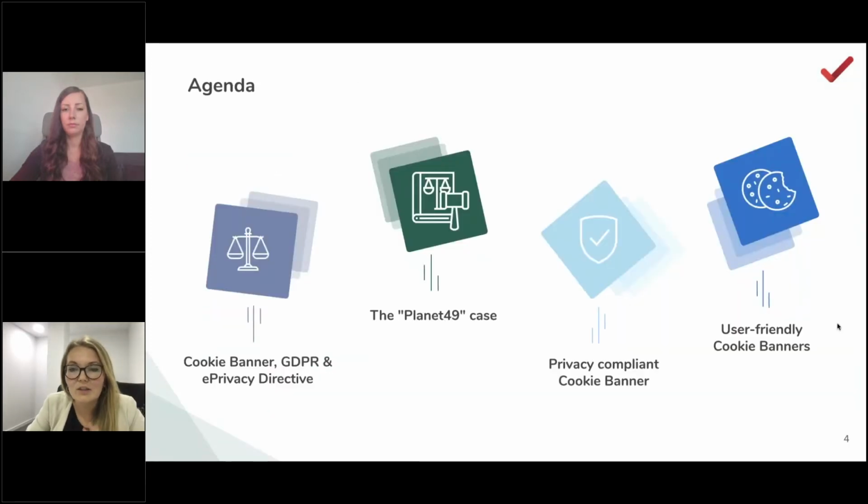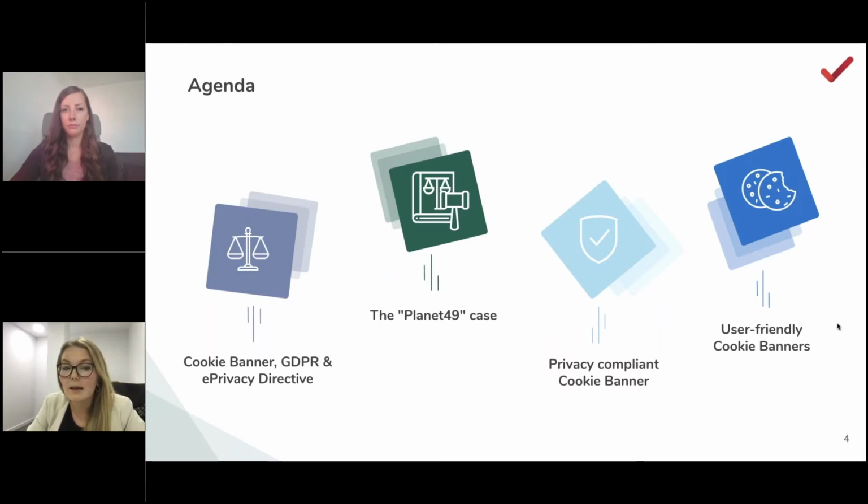Our agenda, just to quickly give you an overview of what we will be talking about in detail today, is first looking into the topic of cookies and cookie banners in general, and then checking what the GDPR and the e-privacy directive require you to do in terms of cookie banners. What is a legally sound cookie banner for you to implement on the website, and what does it need to contain?